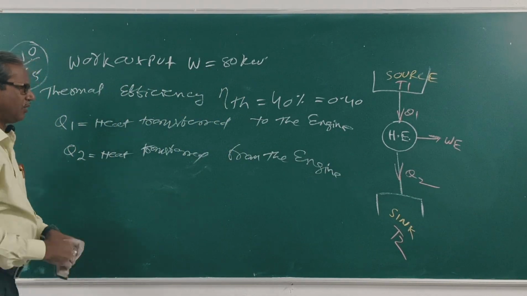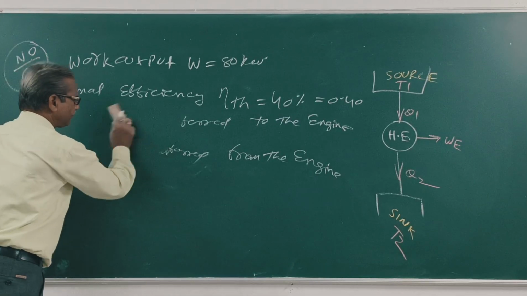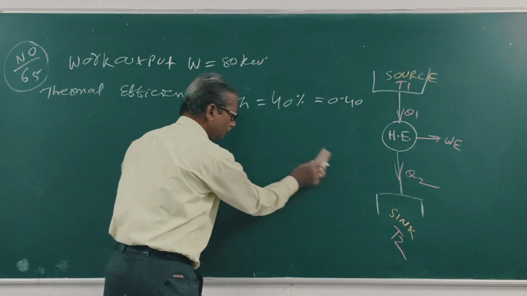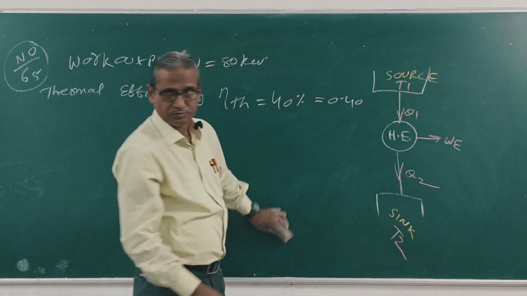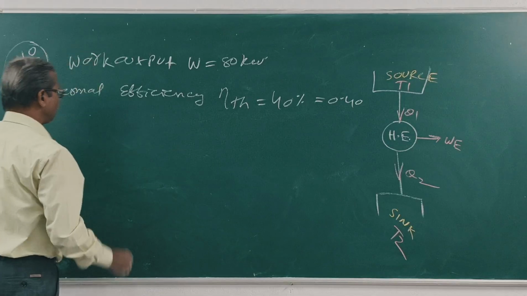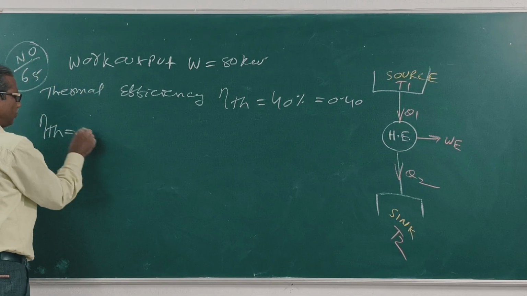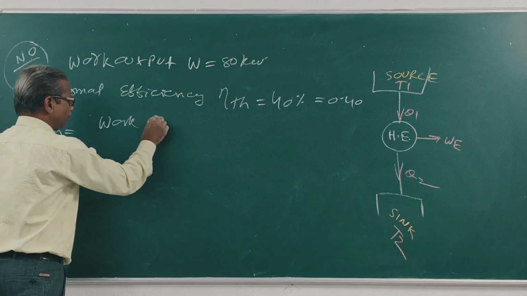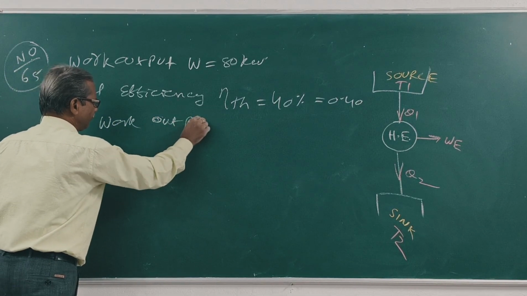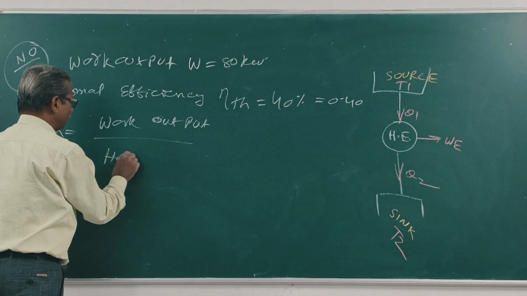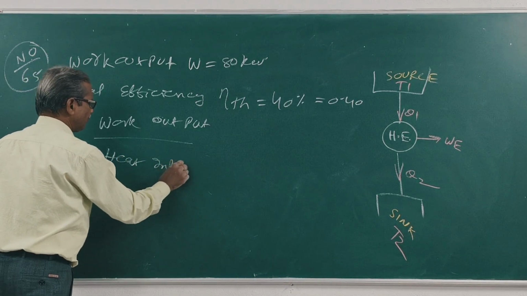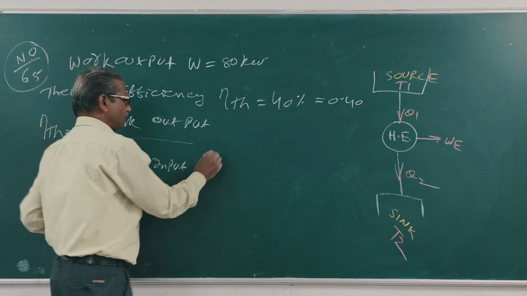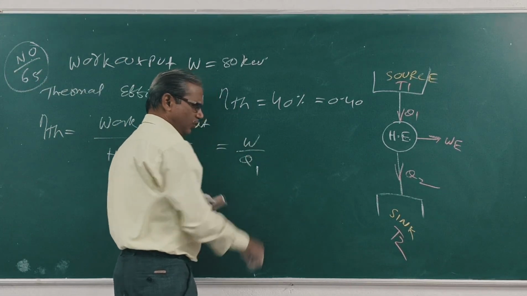Now, eta thermal is equal to work output by heat input, that is W by Q1.